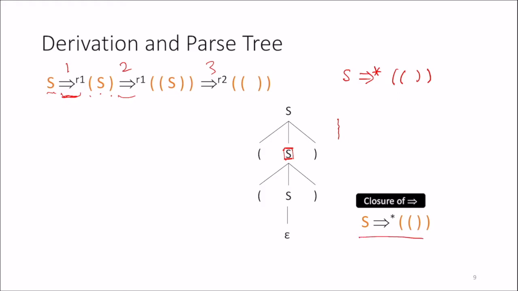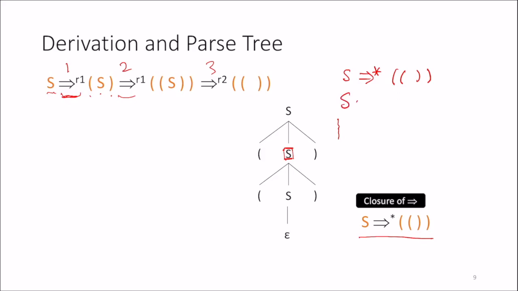This definition is going to be useful to us because often it's tedious to write down the entire derivation. And sometimes you can say, oh yeah, I can see that if I apply the grammar rules 0 or more times, I can get this string or this sequence of strings combined with non-terminal symbols.